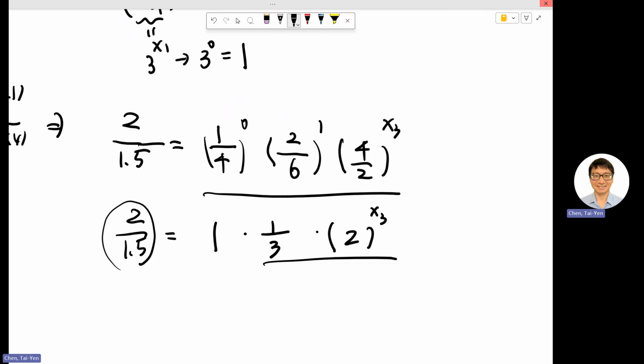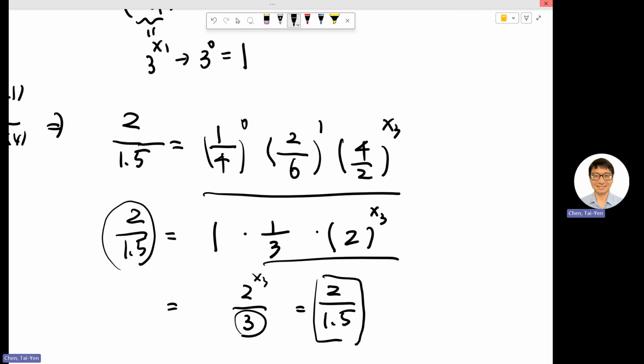On the right, what you have is 2 to the x3 power divided by 3, and this whole term is going to equal 2 divided by 1.5. To cancel out these 3, the easiest way is to multiply by 2 on both your numerator and denominator.